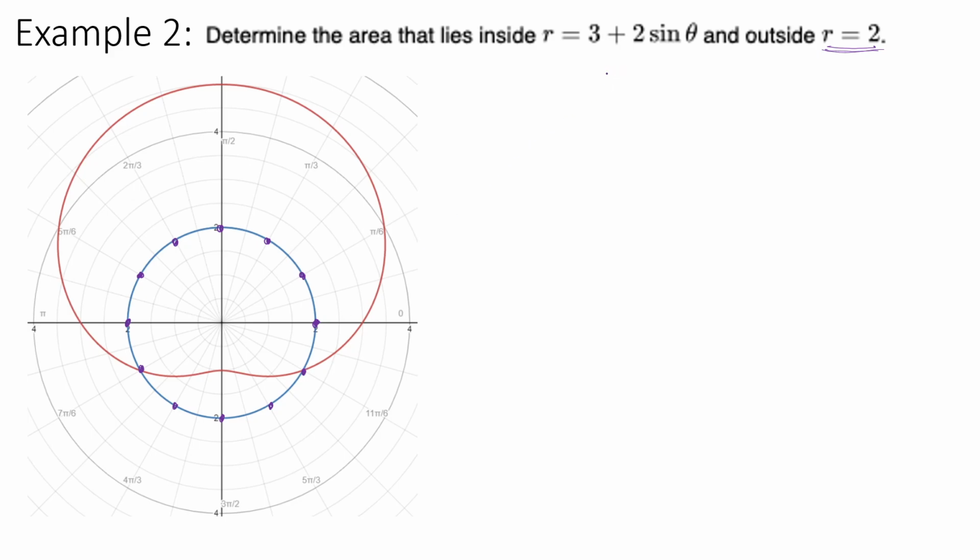So for r equals 3 plus 2 sine theta, we don't have any values for that one. Sorry. So again, I'm going to write the table here. Try to solve it first in your calculator so that at least you have muscle memory on how to use the table method.